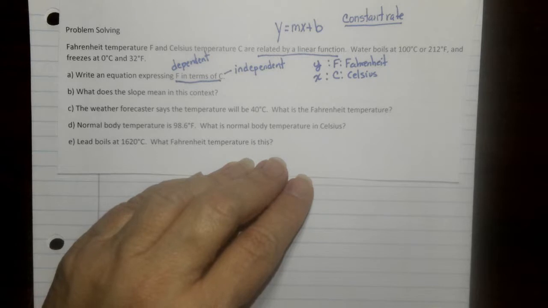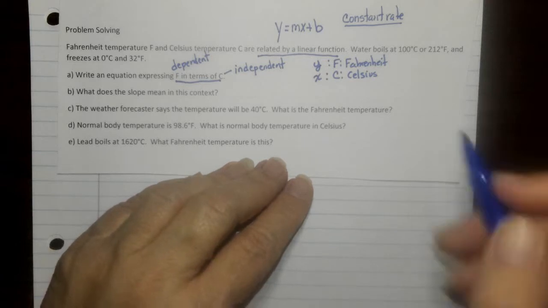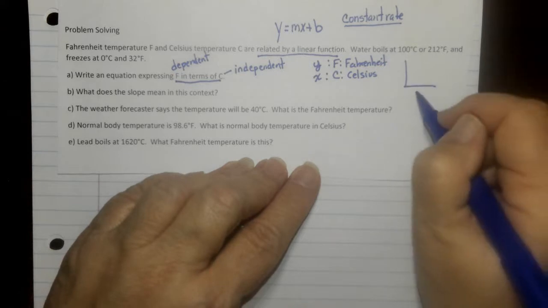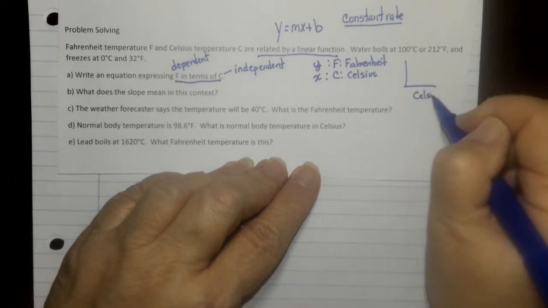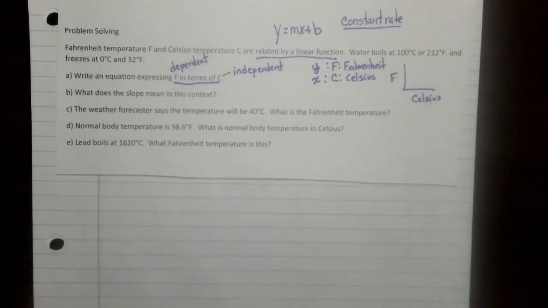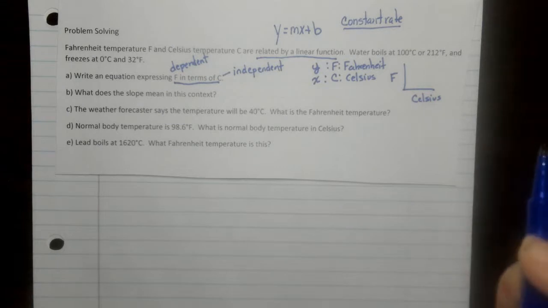And so what your variable represents, that is key to problem solving. So if I were to graph it, my Celsius would be here, and my Fahrenheit would be on my y-axis. So again, thinking independent, dependent.